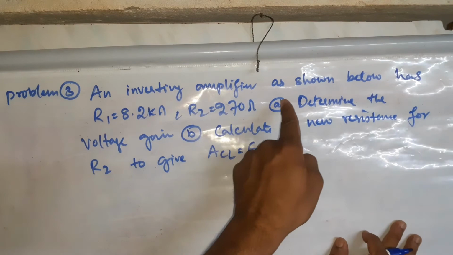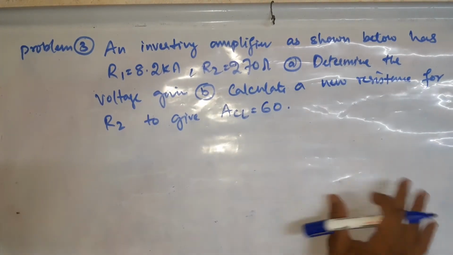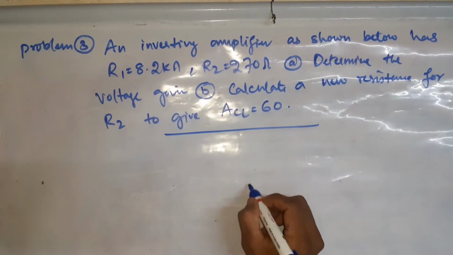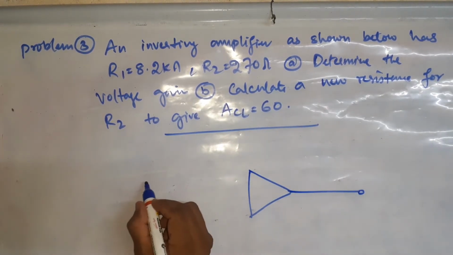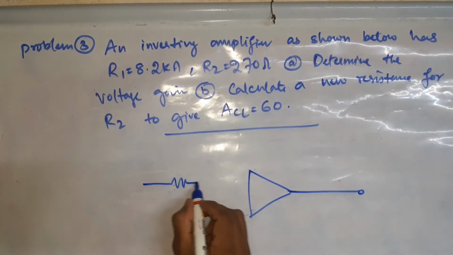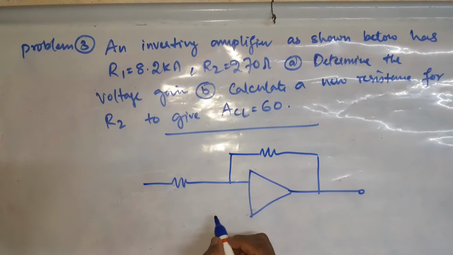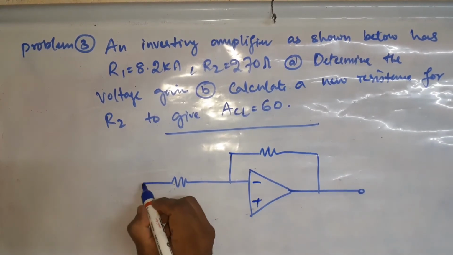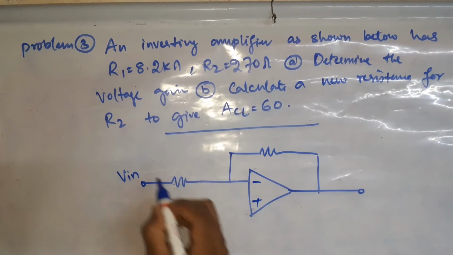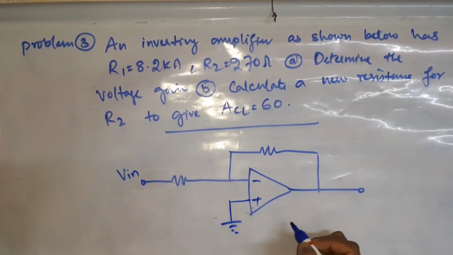An inverting amplifier should be shown here. I have to draw. You know how to draw an inverting amplifier, right? One resistor here, then feedback resistor here. Inverting means input is applied to the inverting terminal, and the non-inverting terminal should be grounded.